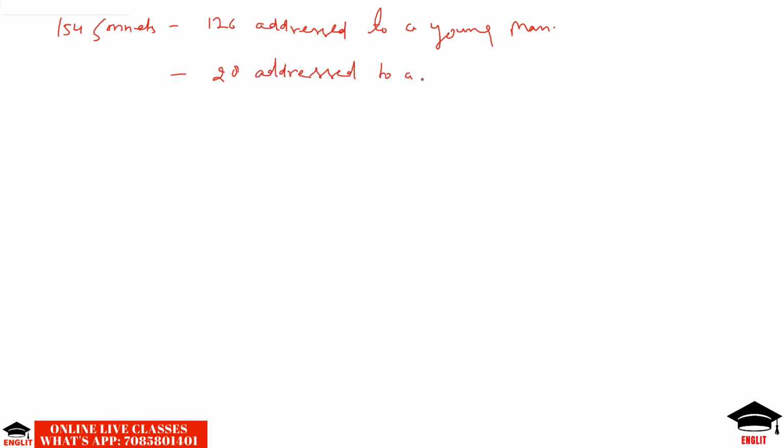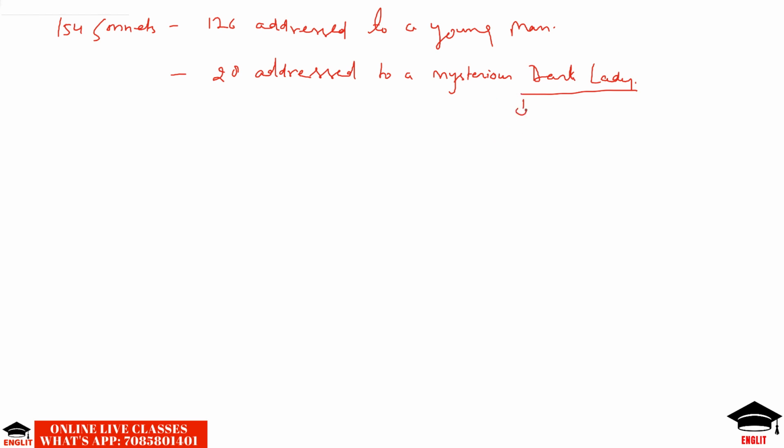Now let's talk about to whom these sonnets were addressed. Out of 154 sonnets, 126 were addressed to a young man and 28 to a woman, a mysterious dark lady. There are also speculations as to who this dark lady was.